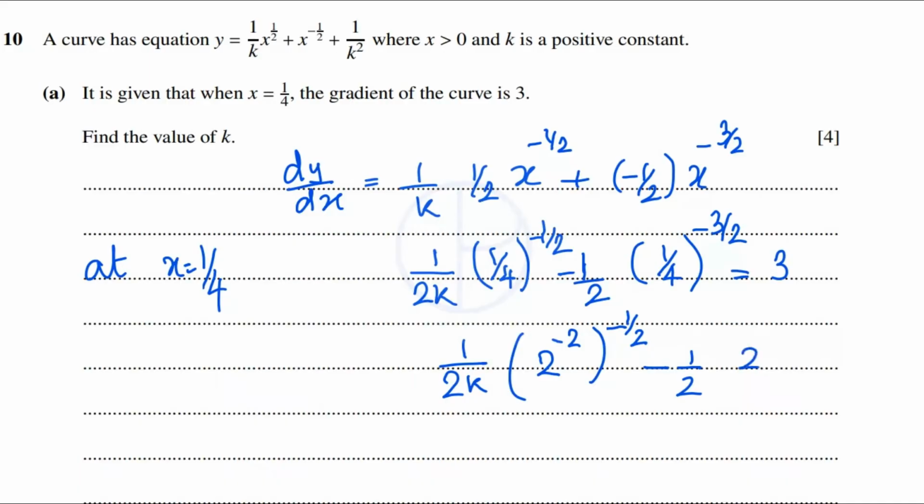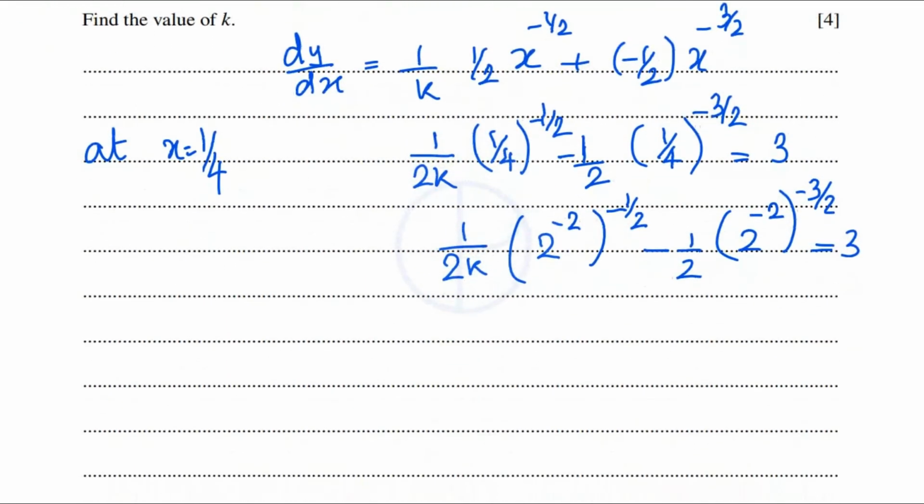And here also 4 will go to the numerator as 2 power negative 2, the power negative 3 over 2. This is equal to 3. This 2 and 2 get cancelled. Negative 1 multiplied by negative 1 will be positive 1, so 2 power positive 1.